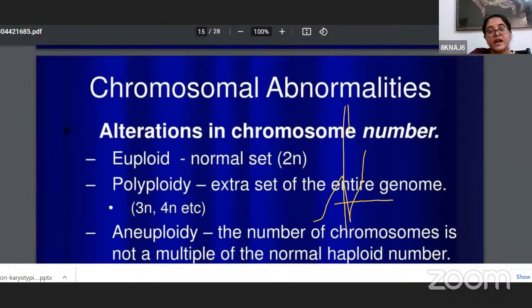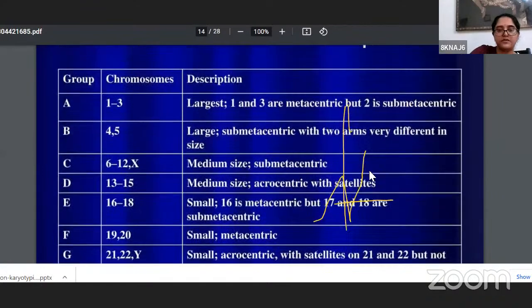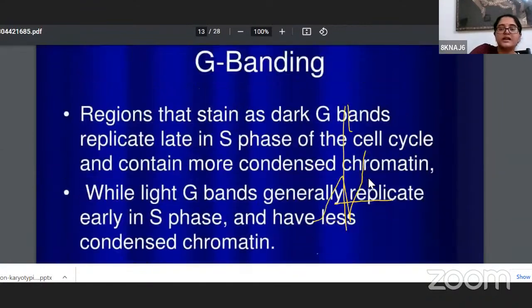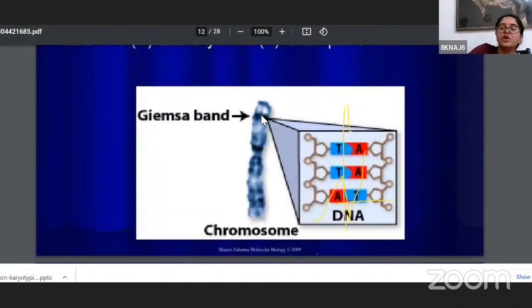And then you have bright field R bands also. These bands are the reverse of G bands. In the bright field R bands, the dark bands have euchromatin and the light bands have heterochromatin.